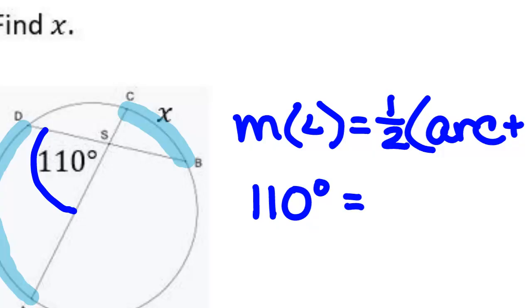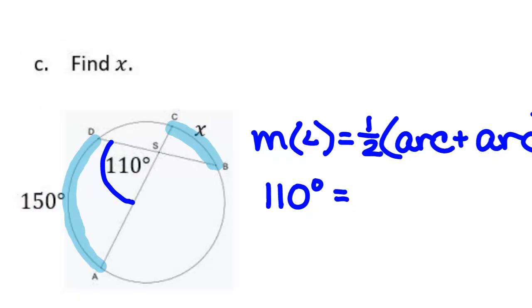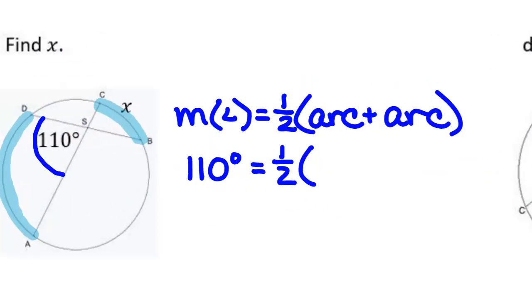This angle is a vertical angle with this angle right here. But what we put right here is the angle, not the arc. 110 degrees equals 1/2. And now we're going to add those two arcs together. One of those arcs is 150 degrees. And the other arc is X degrees.